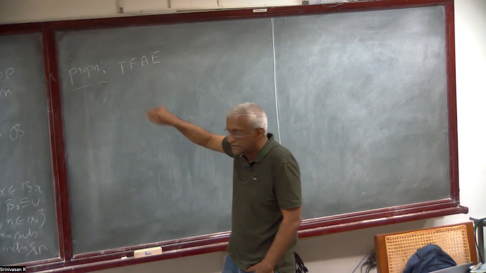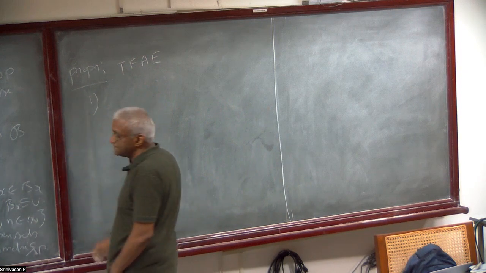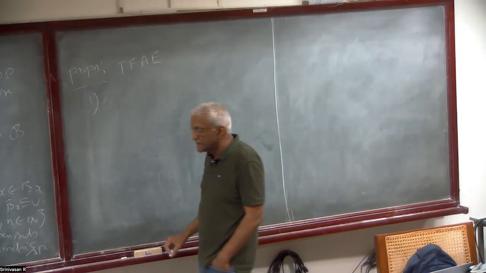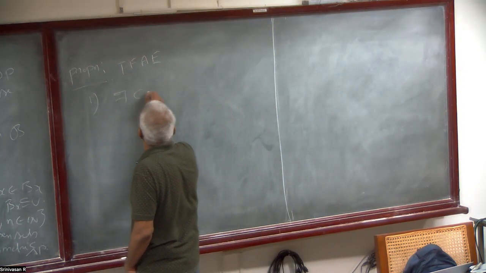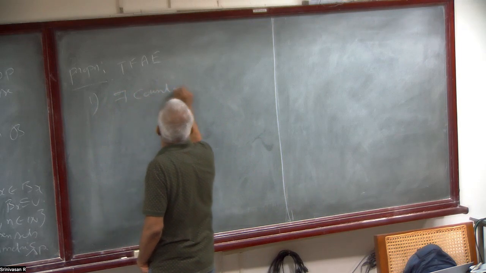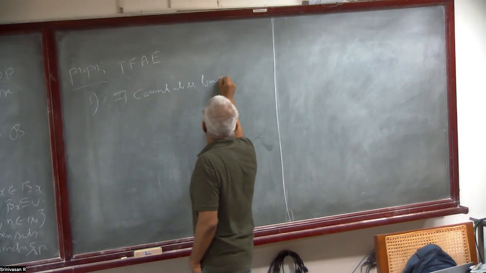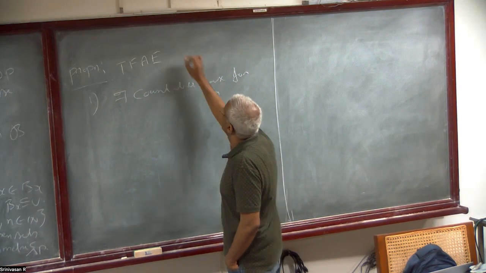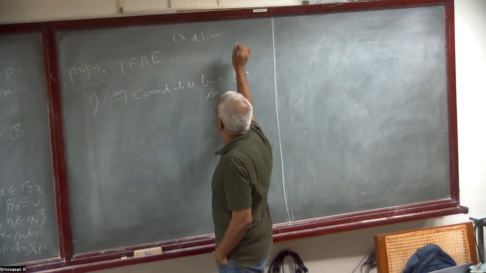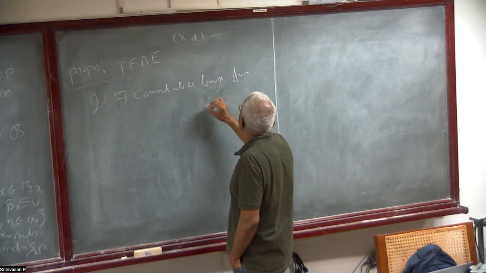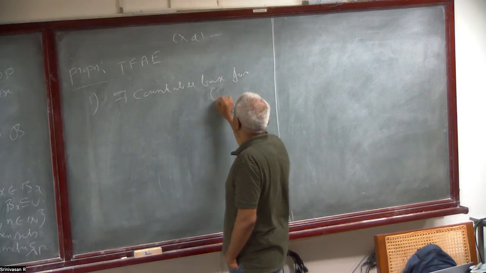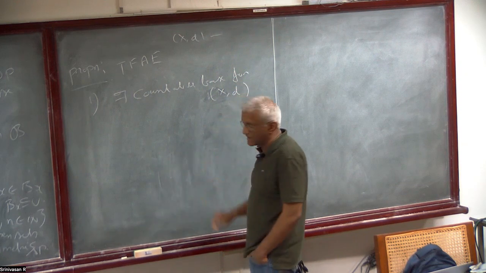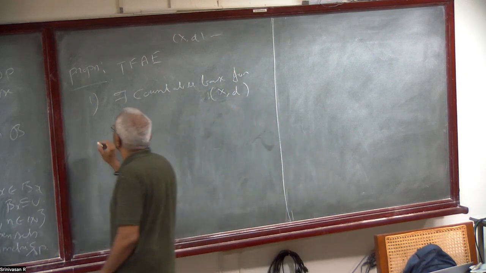When I write like this, that's what it means. One: there exists a countable base for the metric space (X, d), for open sets in (X, d). There exists a countable base for that.